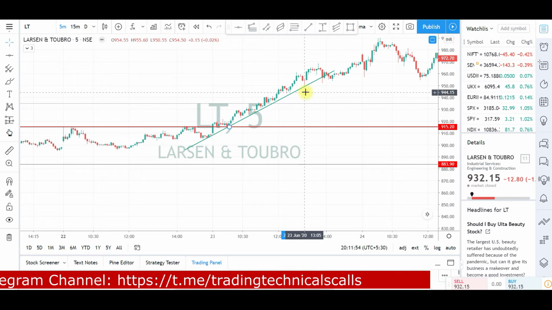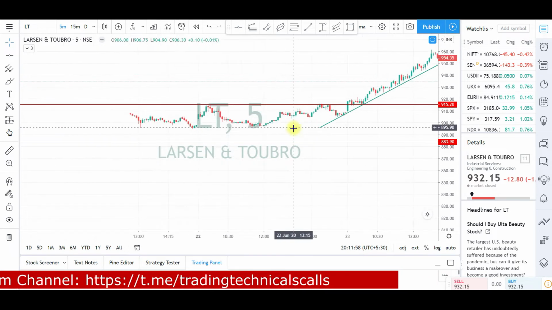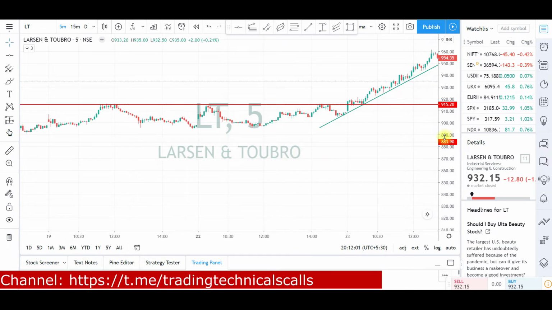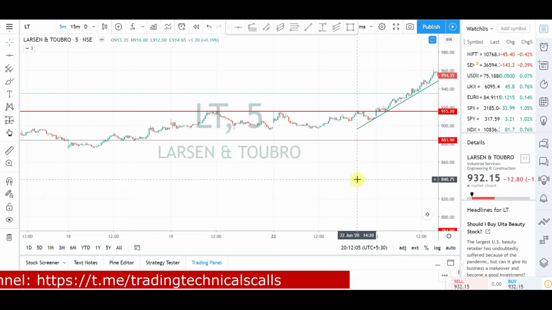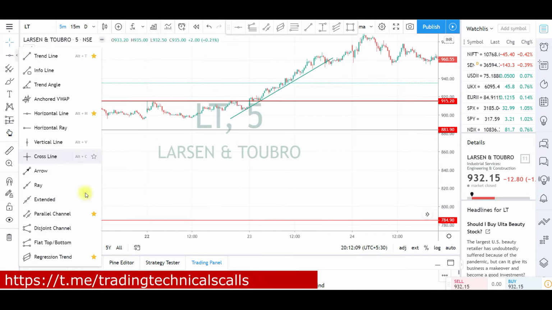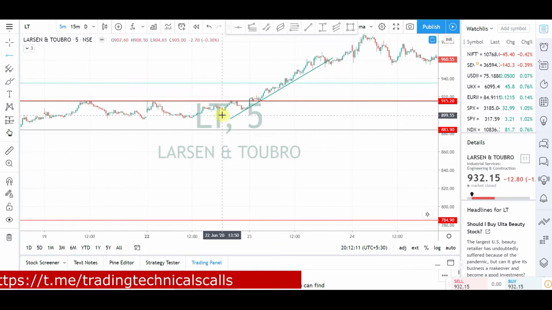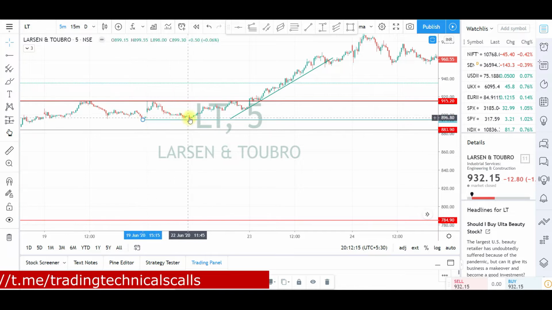Now, the horizontal line is something which is a favorite of mine, which is what I use. Generally you would have seen lots of horizontal lines, where my trade would have come. Horizontal lines work really great. Now you see this particular movement.